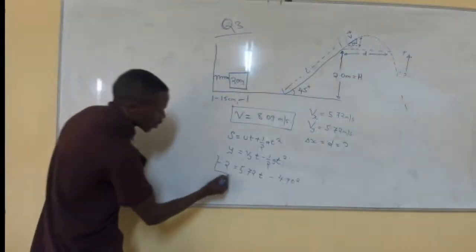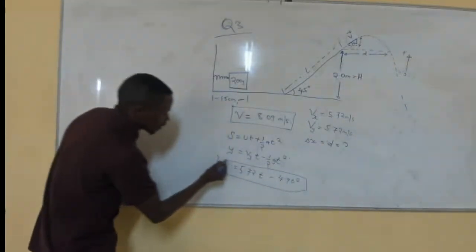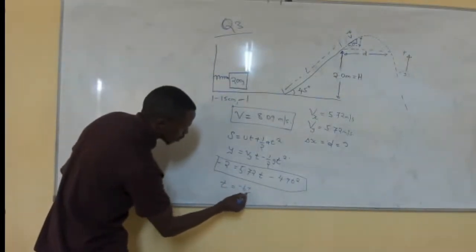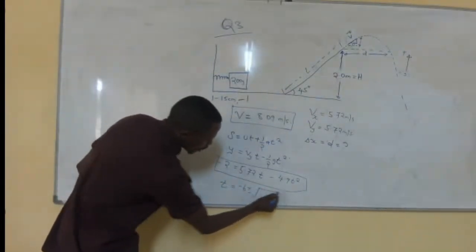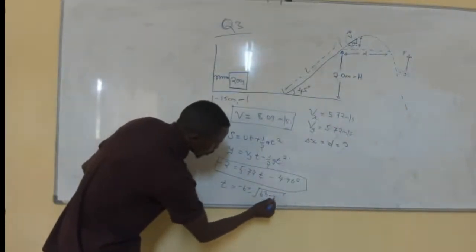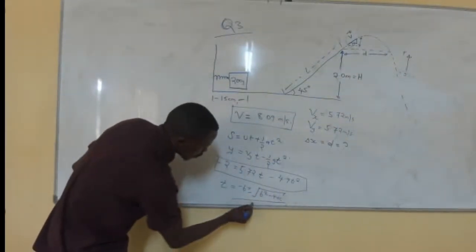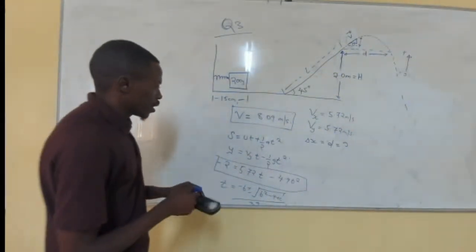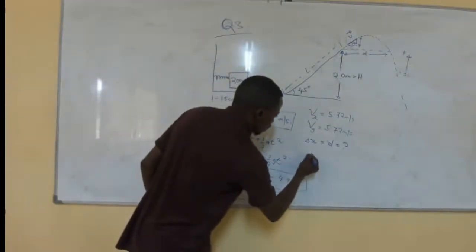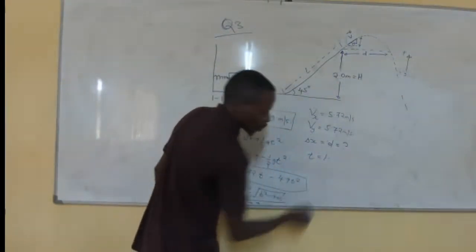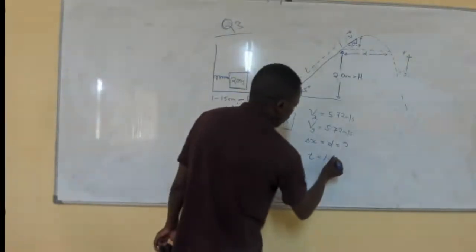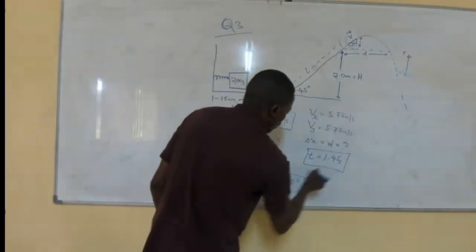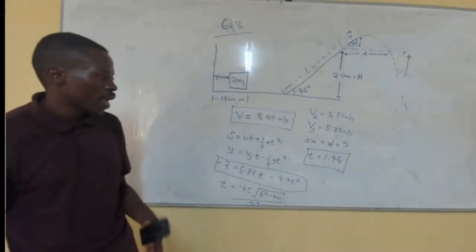Use the quadratic equation to find this. The quadratic equation is given by t is equal to minus b plus or minus the square root of b squared minus 4ac, everything over 2a. When you implement that, you find the value for t is equal to 1.45 seconds. The other value will be negative, so only take the positive value because time can never be negative.